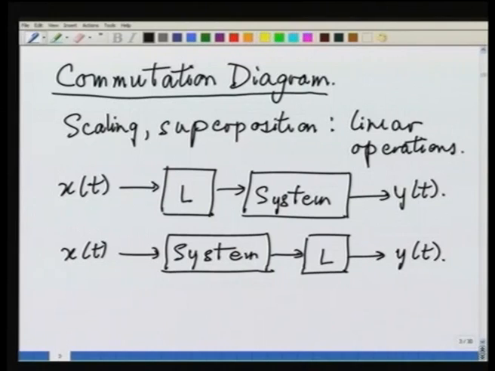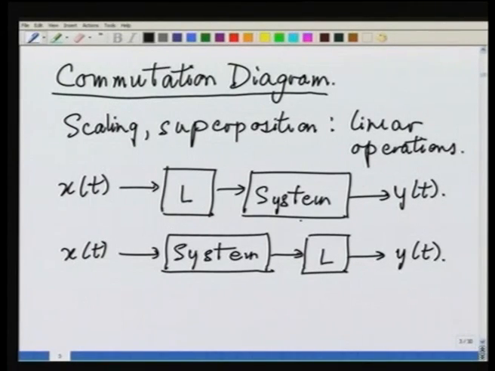Every system for which both these constructions that we have drawn here yield the same output, or every system which satisfies this, that the outputs are invariant to the order in which the linear operation and the system are applied, is a linear system. So, we are essentially going to have a mechanism to rigorously test whether the system does indeed remain invariant under an exchange of the linear operation, namely scaling or superposition, and the system itself.